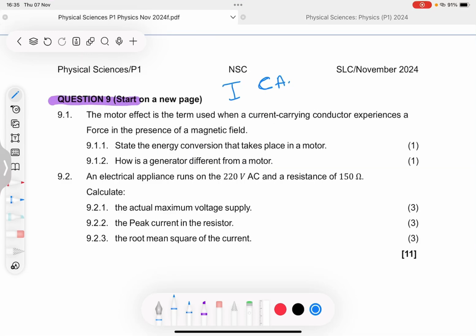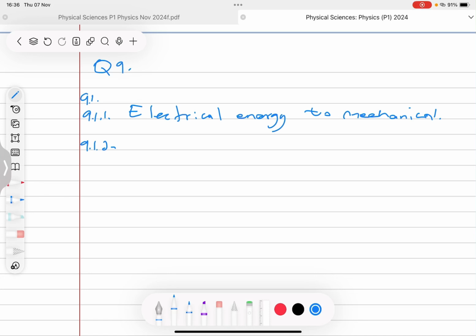Now, under 9.1.2, they say, how is a generator different from a motor? A generator does exactly the opposite of what a motor does. A generator converts mechanical energy to electrical energy. So in a generator, we put our conductor within a magnetic field. We take two magnets that have the south and the north pole, and we know that they're going to create a magnetic field and a magnetic force.